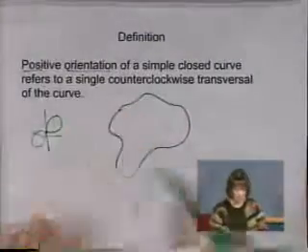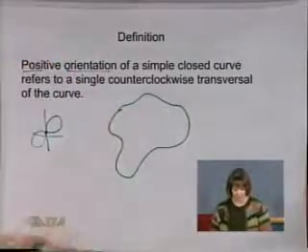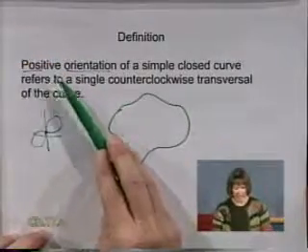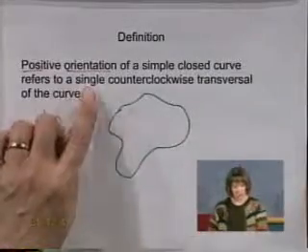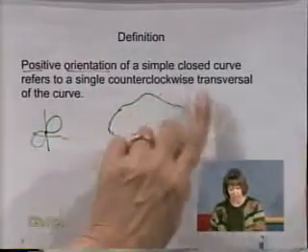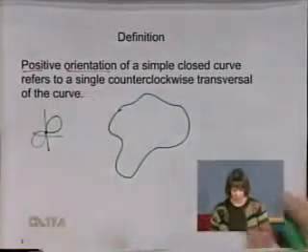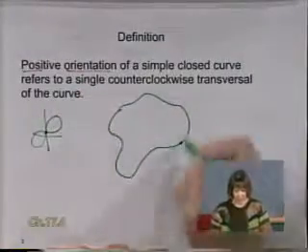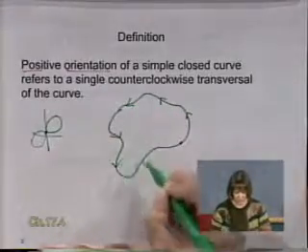But a simple closed curve starts and ends at the exact same spot. We say it has positive orientation if you're going around it in a counterclockwise direction and you go around just one time. So if I start here, I'd have to go in a counterclockwise direction, and that's called positive orientation.